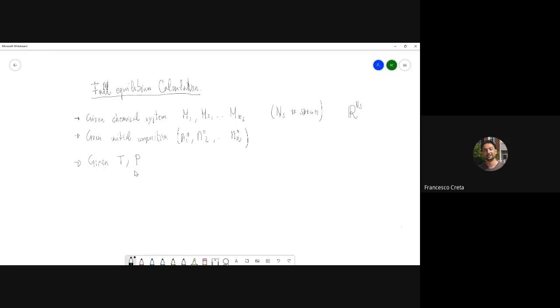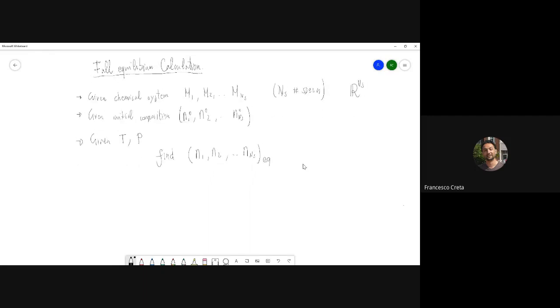All I have to calculate is the following. So this is essentially my problem. Find the composition, which is the number of moles N1, N2, and NS of equilibrium. So that's the formulation of my problem.